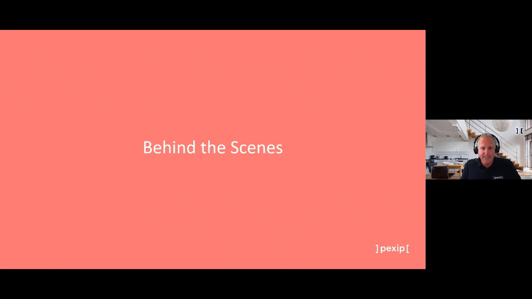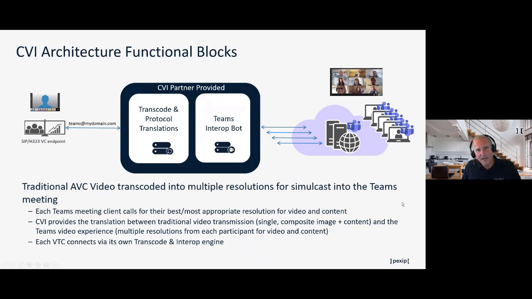I mentioned I'd dig into what's occurring behind the scenes, so the hamster in the wheel. So CVI architecture and functional blocks, relatively straightforward. At the end of the day, we're taking a video stream, and a content stream potentially, from a standards-based video endpoint. That uses a traditional AVC video stream negotiated by that endpoint with the transcode and protocol translation engine in this instance.